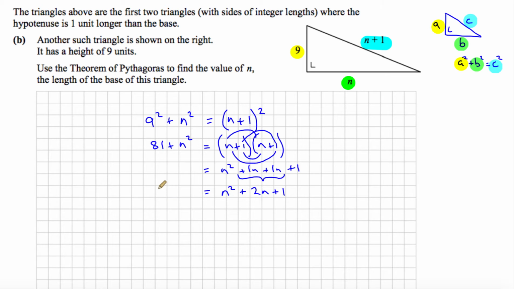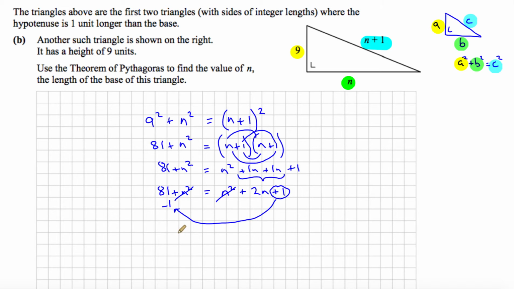And again, the left side is not changed, so this is still 81 plus n squared all the way down. So now what can I do? Well, I've got n squared on both sides, so I can just take that away from both sides. And I'm going to bring this positive 1 over here. It'll become a negative 1.